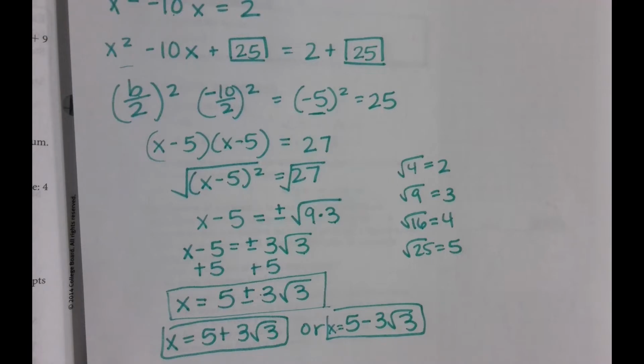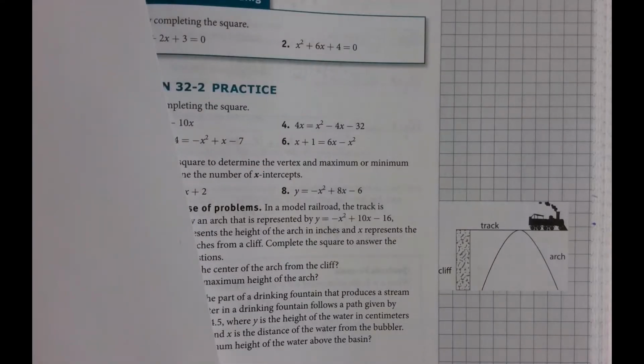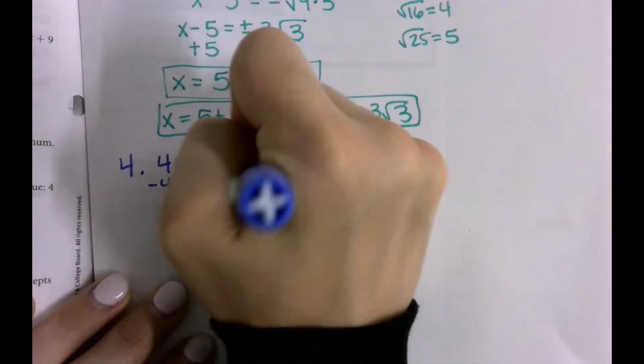All right, so number 4 is 4x minus 32. All right, so we want, again, to get it in the form ax squared plus bx equals c. Then I get 4x equals, oh, I'm just rewriting the same thing.